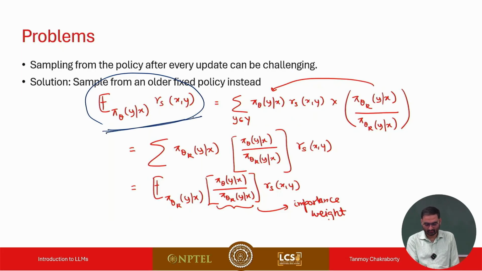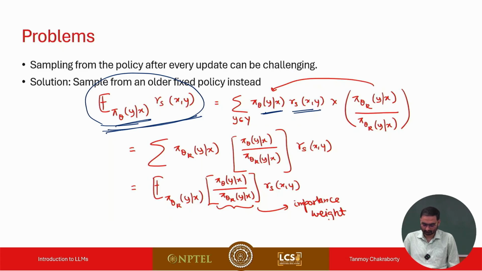So this is my reward function. First, let us expand this expectation in terms of summation. So this will be my probability, and this is the reward.